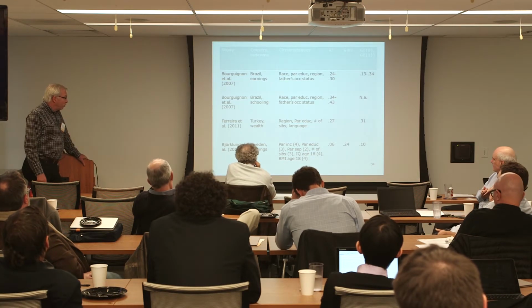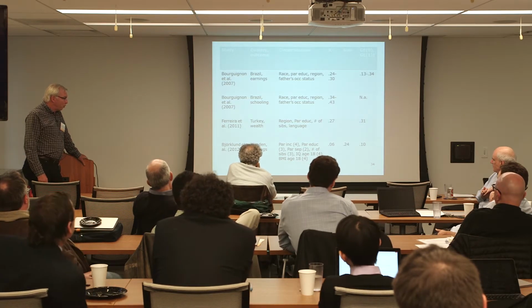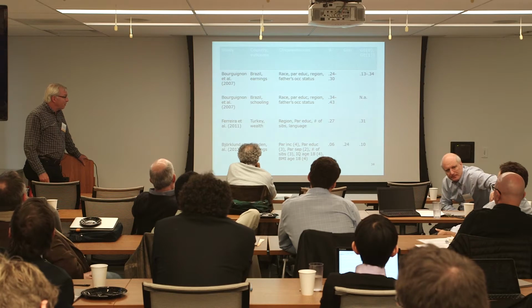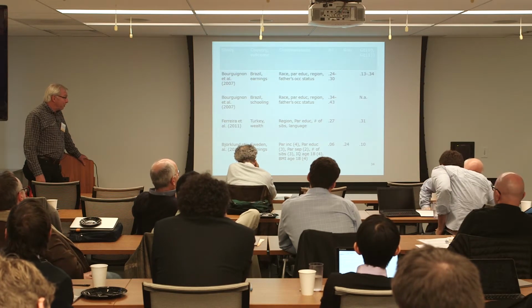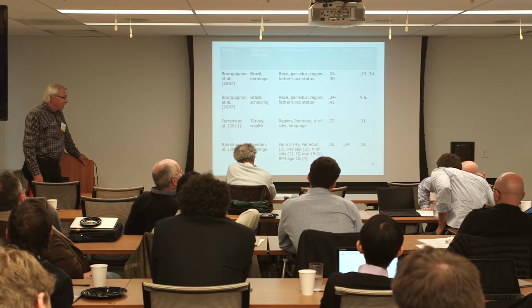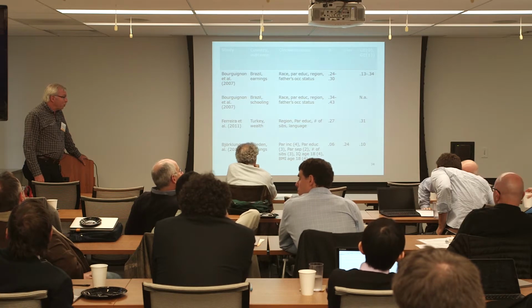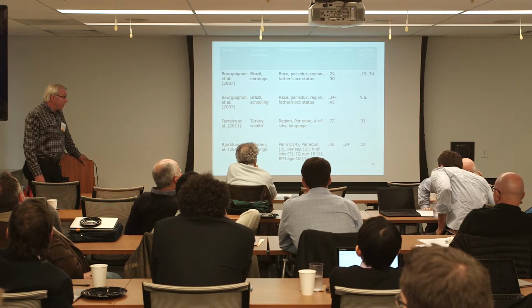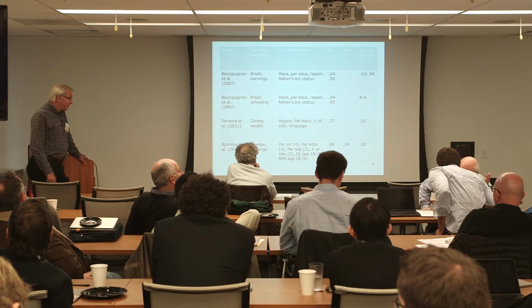Here I also have some results with Roemer, where we use 4 levels of parental income, parental education, parental separation, number of siblings, and actually we also use IQ at age 18 and also BMI at age 18.